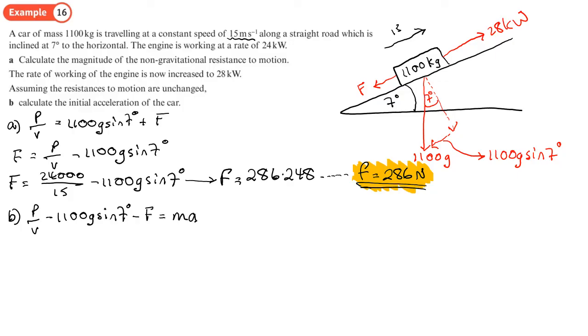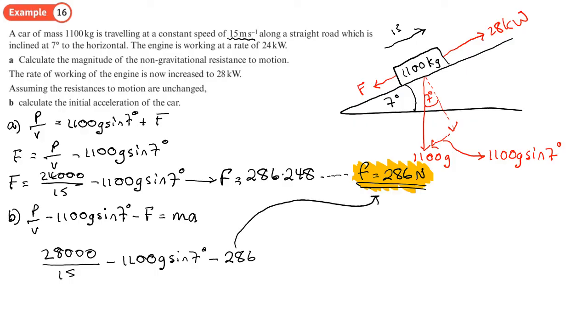So let's put all the numbers in so we can get the answer. So P is 28,000, V 15, this is the instant where the power has changed, it was travelling at 15, minus that component of the force, minus F, well that's the 286, but I want to try and use the exact answer if I can, and divide that all by the mass 1100, that will give me A, which will enable me to do it all in one go.